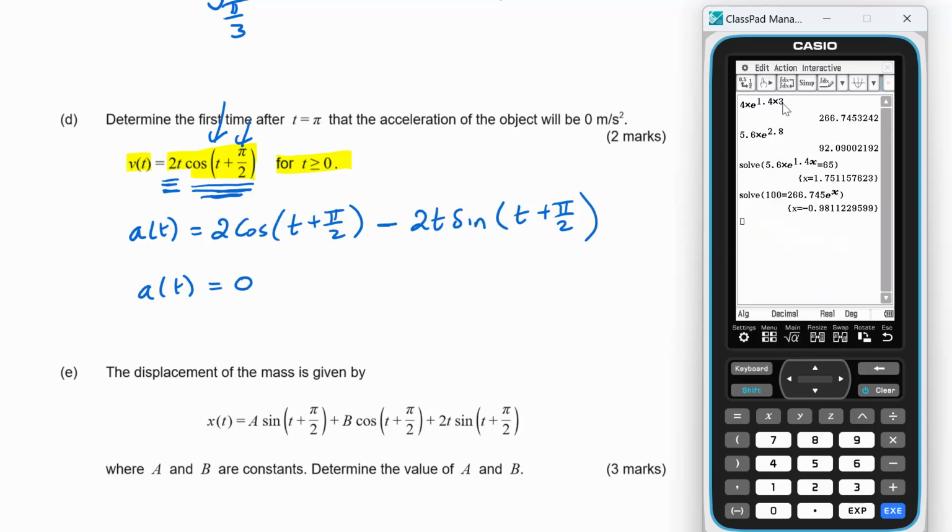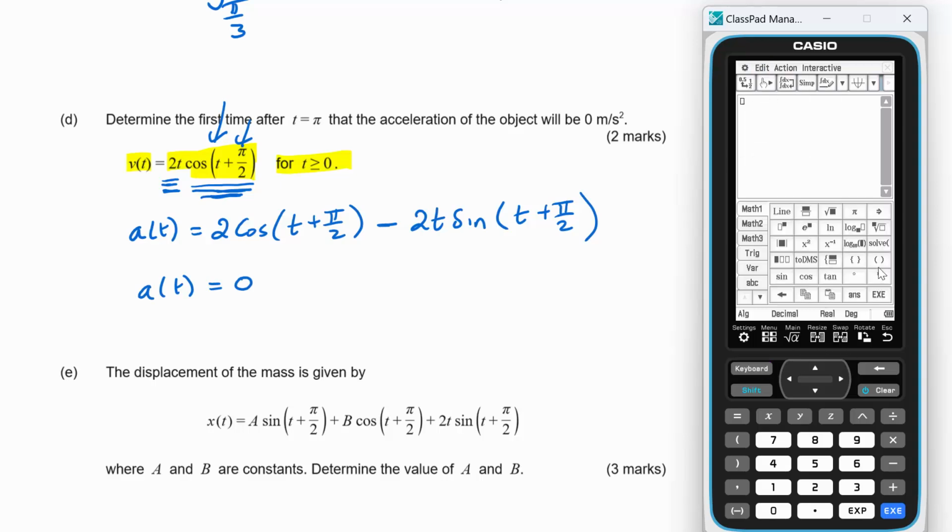So we'll go back to main. Let's just clear all the stuff from an earlier question, and let's get our solve up. And we've got 0 equals 2 cos, and I'm just going to use x plus pi divided by 2, and then take away 2x sine of x plus pi by 2.